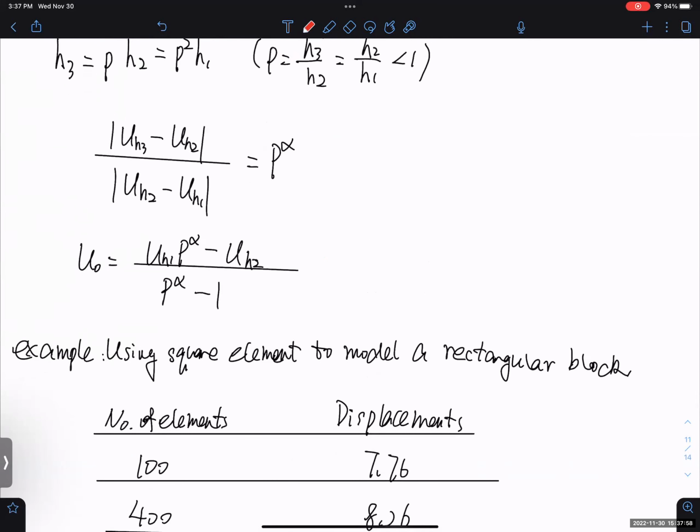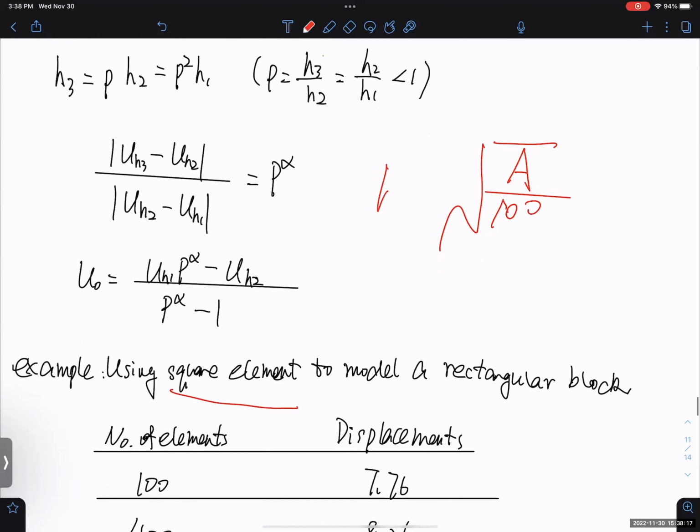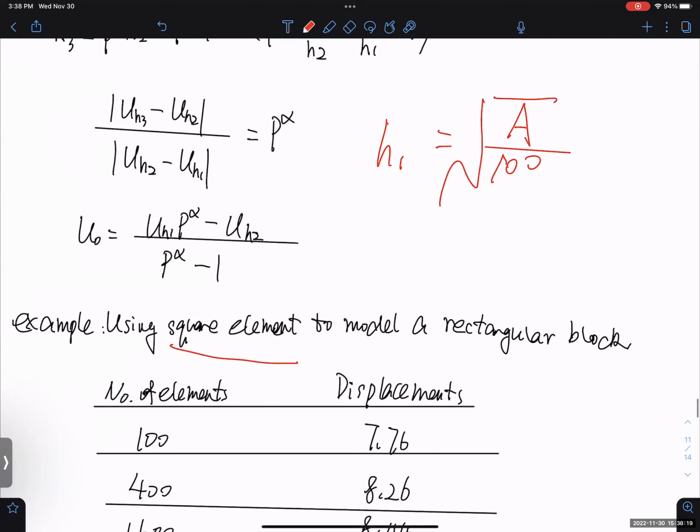In the class I used a square element, since we are modeling the whole structure using a different element type, the whole area is 8, and this doesn't change. Divided by the number of elements, let's say the first one is 100 elements, and I use a square element, so the square root gives the edge length. Let's say this is H1 for a square element.